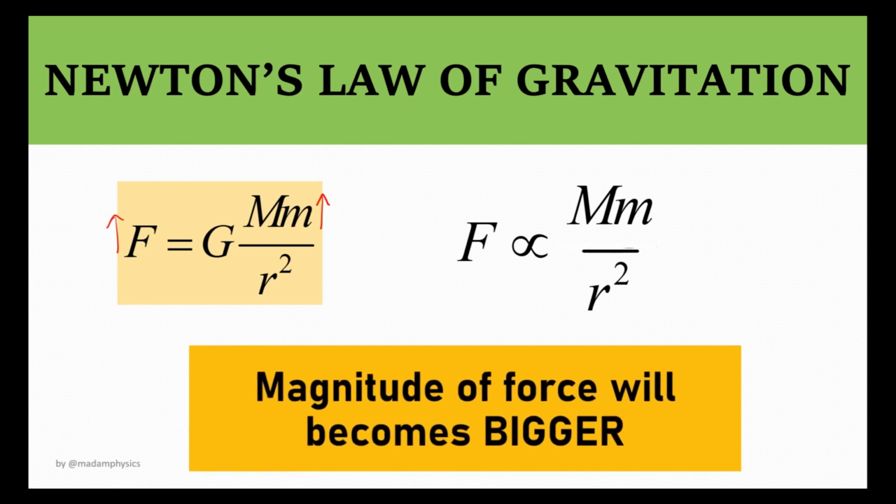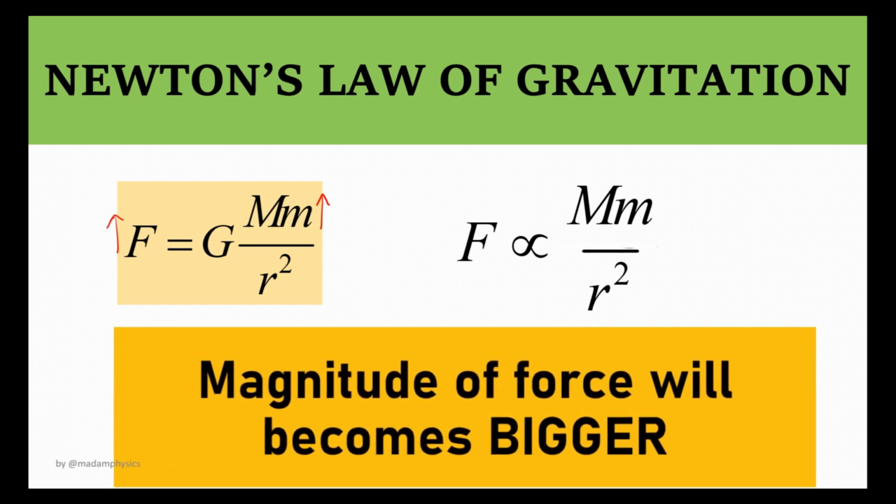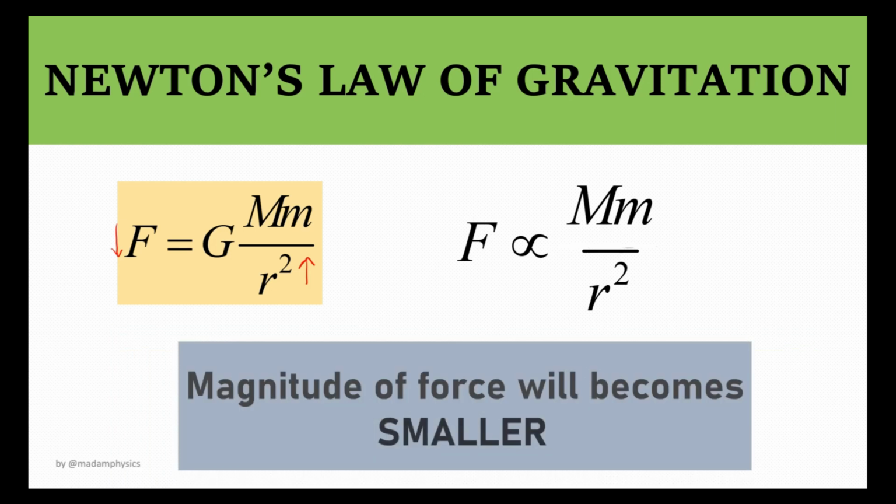Hence, we can conclude that the magnitude of force will become bigger. However, when the separation between the two objects gets bigger, the gravitational force is lesser. Therefore, we can conclude that the gravitational force will become smaller.